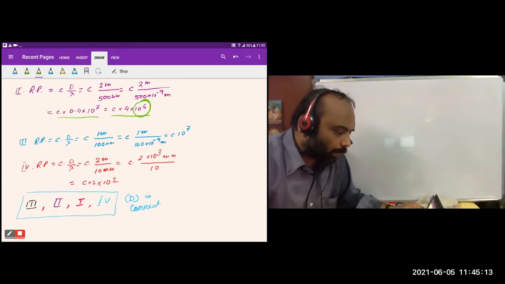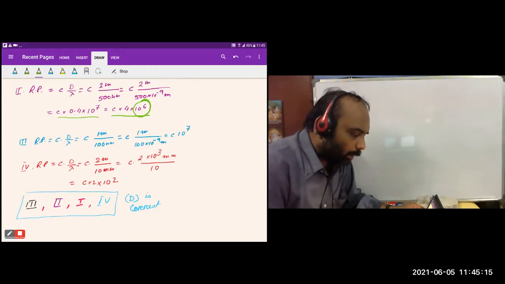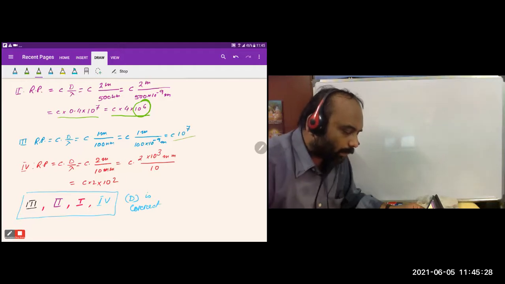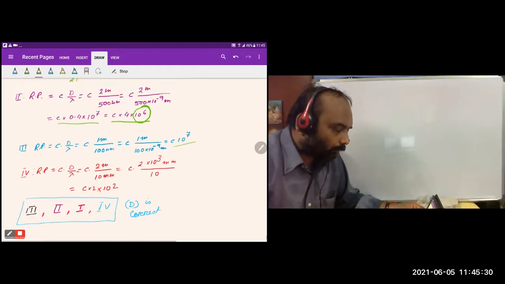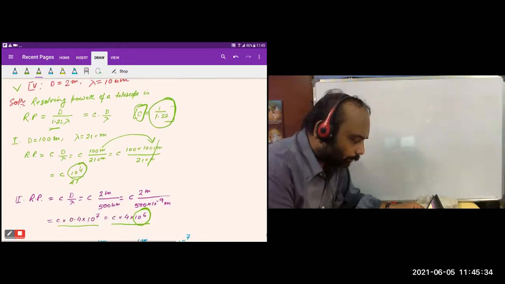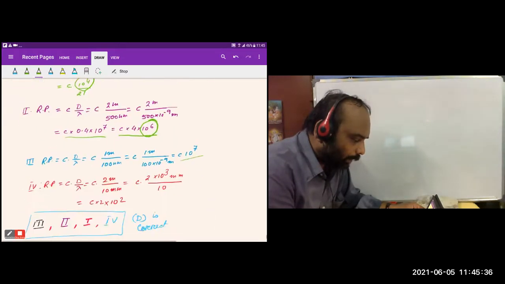Then telescope 3, my resolving power is C times D by lambda, which is C times 1 meter by 100 nanometer. That gives me C times 10 to the power 7. Telescope 4, the lambda is given in millimeter.